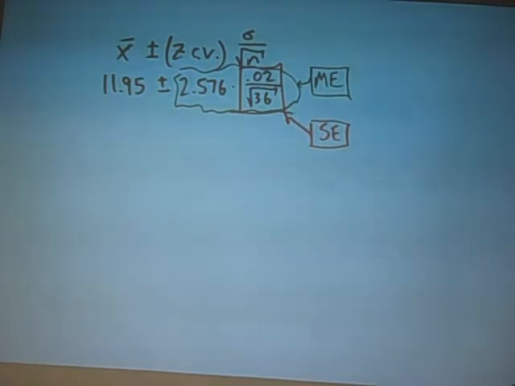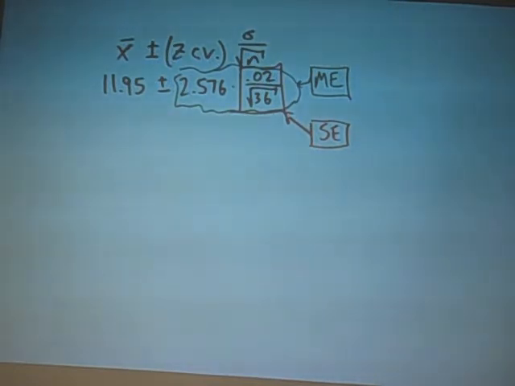Let's take a calculator and calculate the margin of error by itself first, because I think the homework asked for that. So 2.576 times 0.02 divided by the square root of 36.